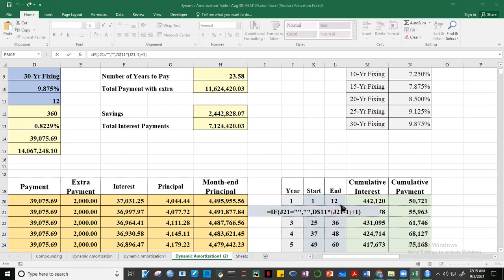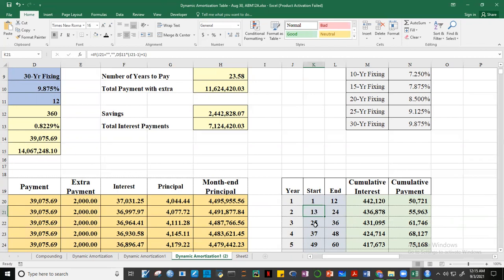What's 2 minus 1? That's 1. So that's 12 times 1 and then plus 1. We add one, so this becomes 13.